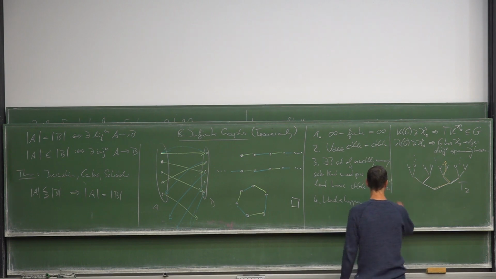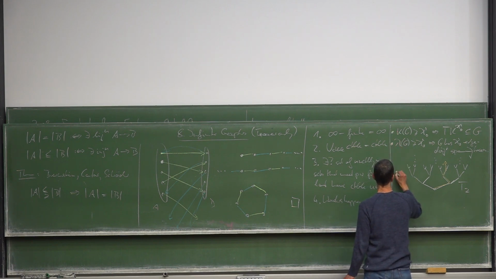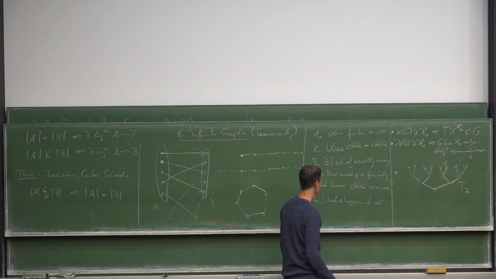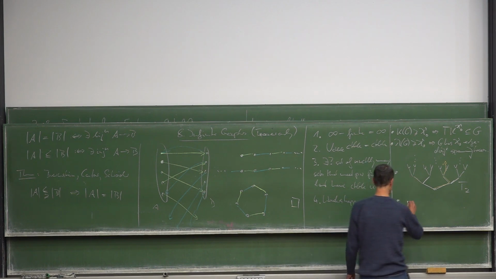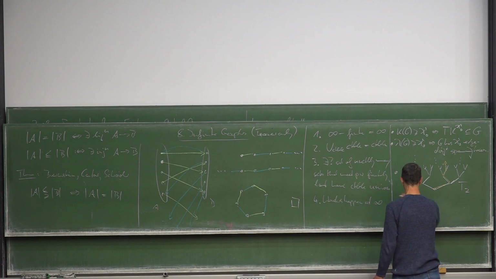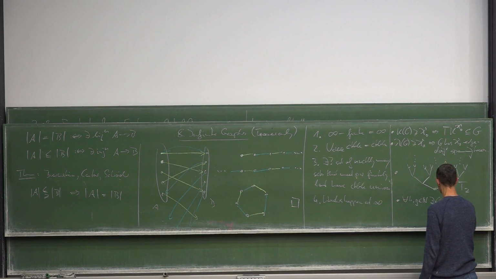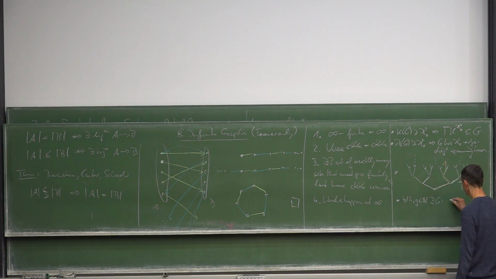And the example I want to give you here is: for every k and g, natural numbers, there exists a graph with connectivity at least k and girth at least g.